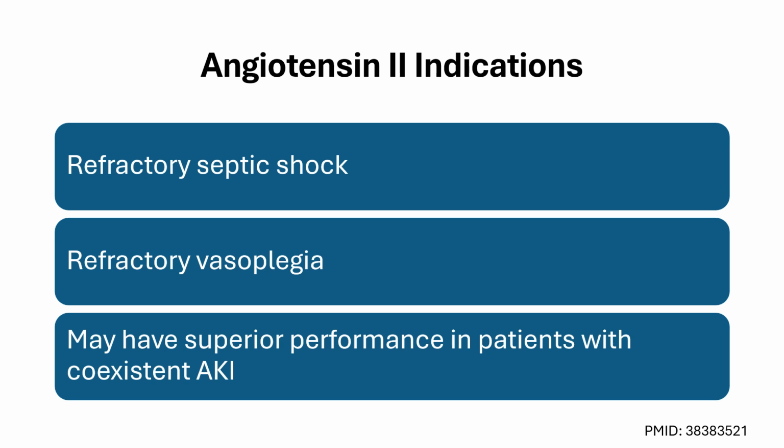The indications for angiotensin 2 include refractory septic shock, refractory vasoplegia, and it may have some superior performance in patients who have coexistent acute kidney injury. Again, angiotensin II is a pure vasopressor and has no inotropic properties.